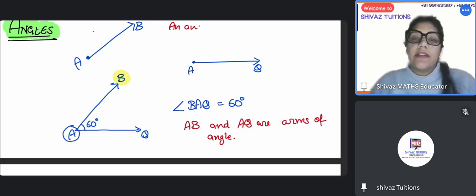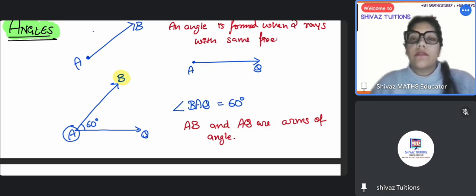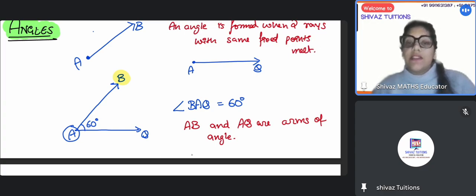An angle is formed when two rays with the same fixed points meet. And A is the vertex of your angle.